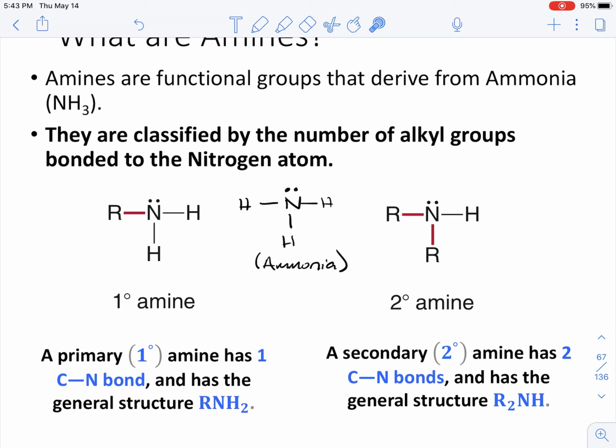Whenever you are drawing secondary amines, you have to draw the heteroatom nitrogen with a lone pair, and you must draw 1 hydrogen. The general structure for a secondary amine is R2NH. Notice that as we increase our classification, from primary to secondary, we're decreasing the number of hydrogens with respect to the original structure, which is ammonia.